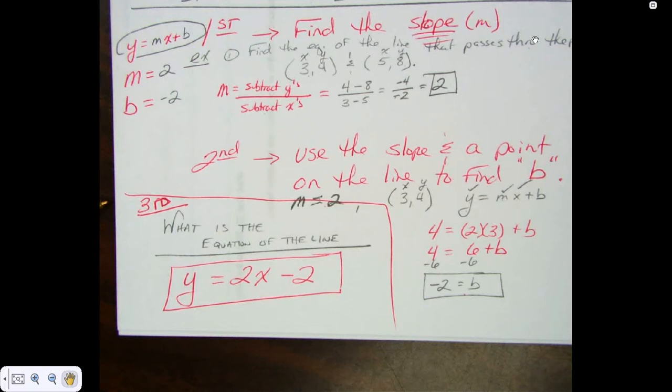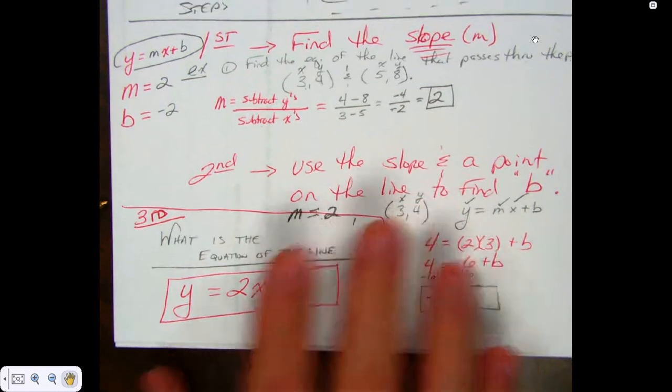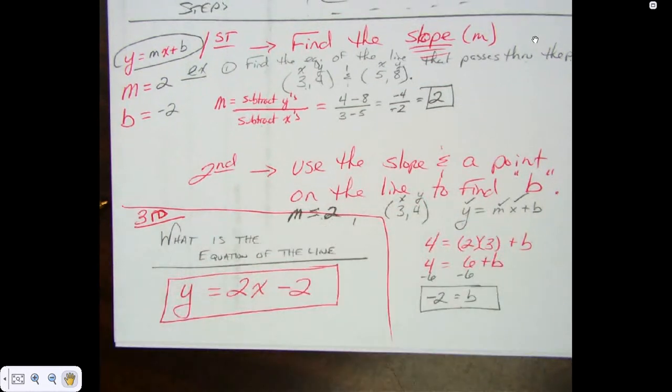If you look at your problems, look at numbers 1 through 5 on page 60. You like those problems? Which step are those problems like on page 60? As our 3 steps we did here. Tell me which step you start at on 1 through 5.